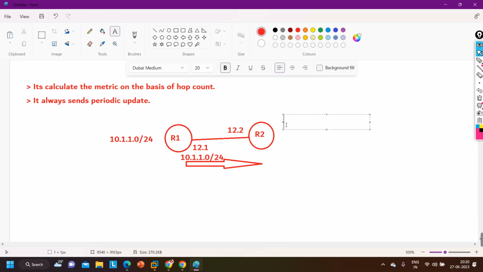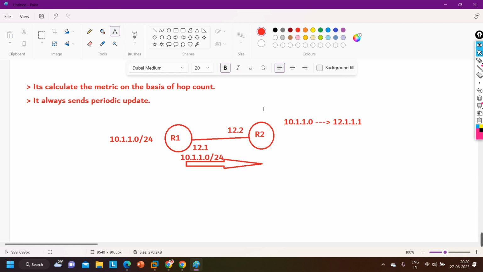Router 2 will make one entry in its routing table: 10.1.1.0 is reachable via 12.1.1.1, because in the update there will be a source, right? Done. Do you think router 1 again needs to send the same network information to R2?